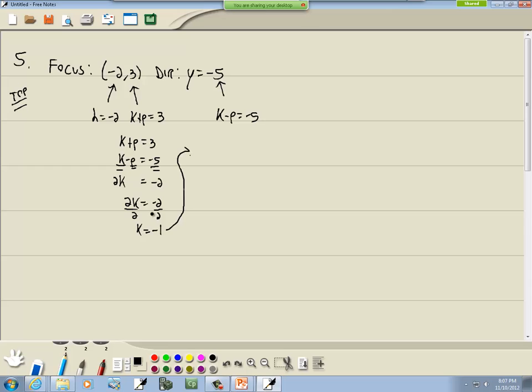Okay, so we got h, we got k. So h is negative 2, k is negative 1. Now we need to find p. So I'll take this negative 1 and I'll plug it back into one of these equations. Doesn't matter which one. The k plus p is equal to 3 looks easier. So k is negative 1 plus p is equal to 3. Take negative 1 over and I get 3 plus 1, or p is equal to 4.